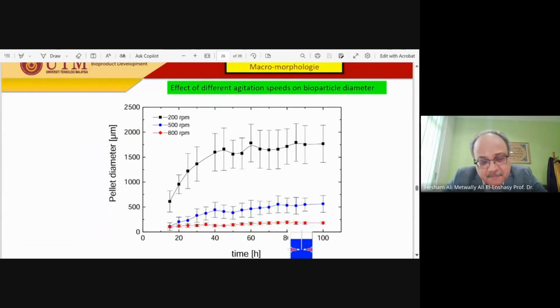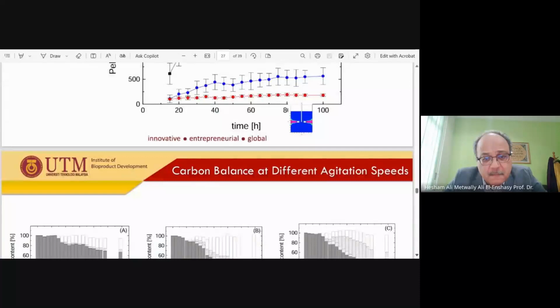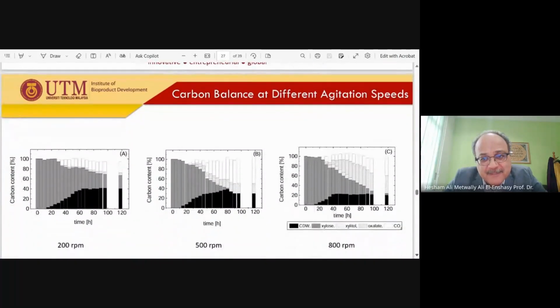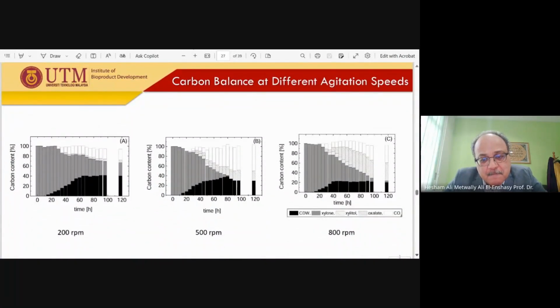If you see here, for 800 RPM, the standard deviation is very low compared to 200 RPM. But we try to find a relation between production and macromorphology. Therefore, we make a carbon balance for different agitation speeds. We figure out that the maximal CO2 production is at 500 RPM.